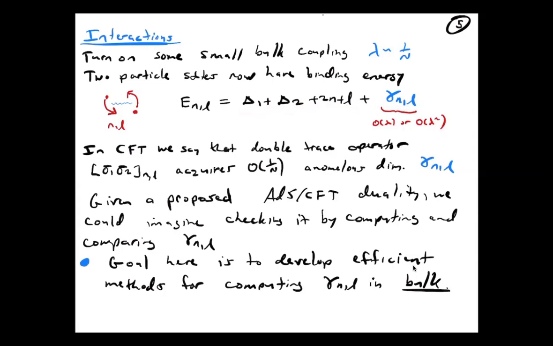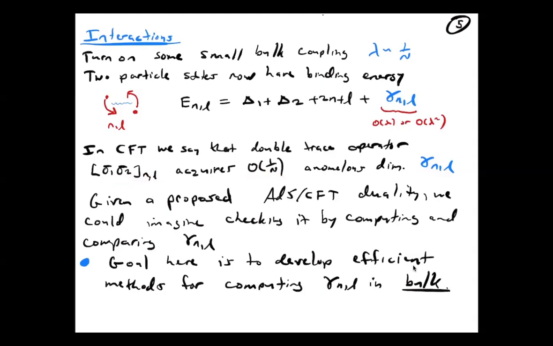And this small correction to the energy, from the point of view of the CFT, we would call the anomalous dimension of the operator. So we have this double trace operator, and its dimension would get shifted at order 1 over N, and that shift gamma_nl should match the bulk shift in the energy.